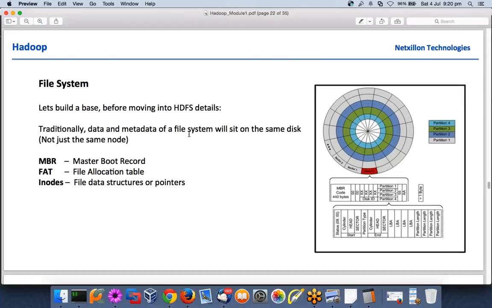So the data and metadata of a file system will sit on the same disk. Not even just the same box. Let's say if my system has 3 hard drives, each hard drive will have its own metadata and its own super blocks, unless they are in a RAID. They will have their own metadata and data, which sit within the same disk.